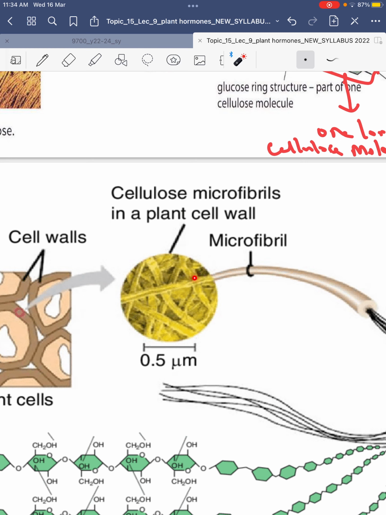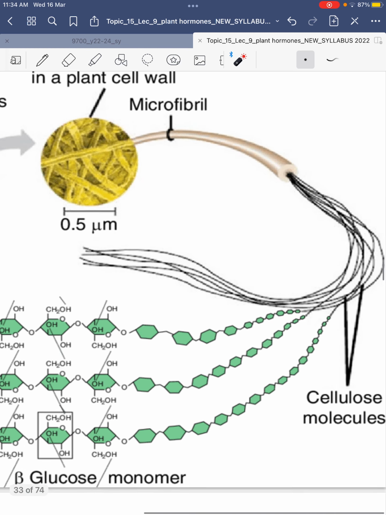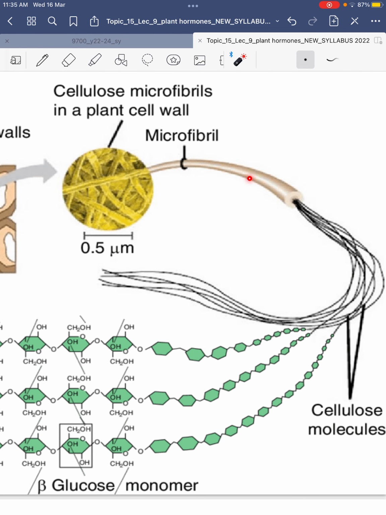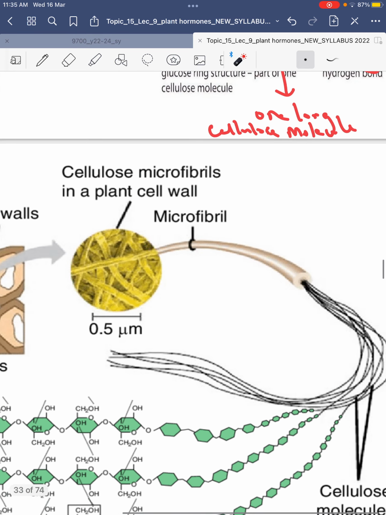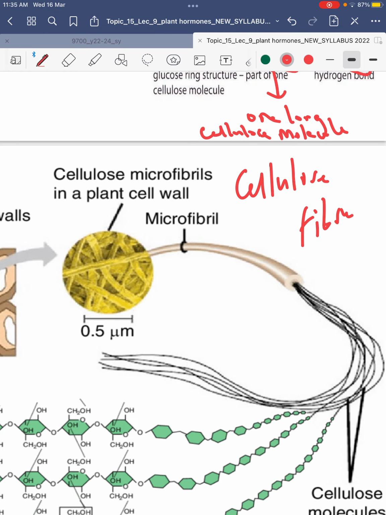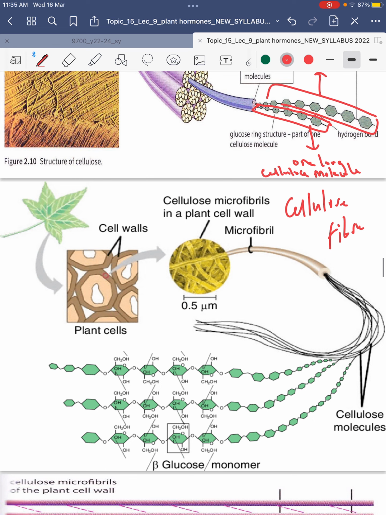If we look at one microfibril, we can see there are many cellulose molecules, or one beta glucose chain, another beta glucose chain, another beta glucose chain. Many beta glucose chains will create a microfibril, and many microfibrils will create a cellulose fiber. Okay, so this is a recap of the structure of the cellulose cell wall.